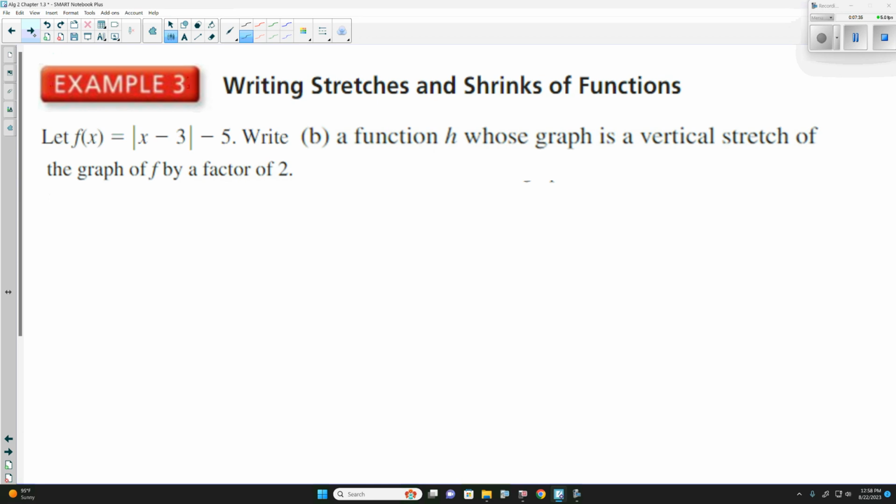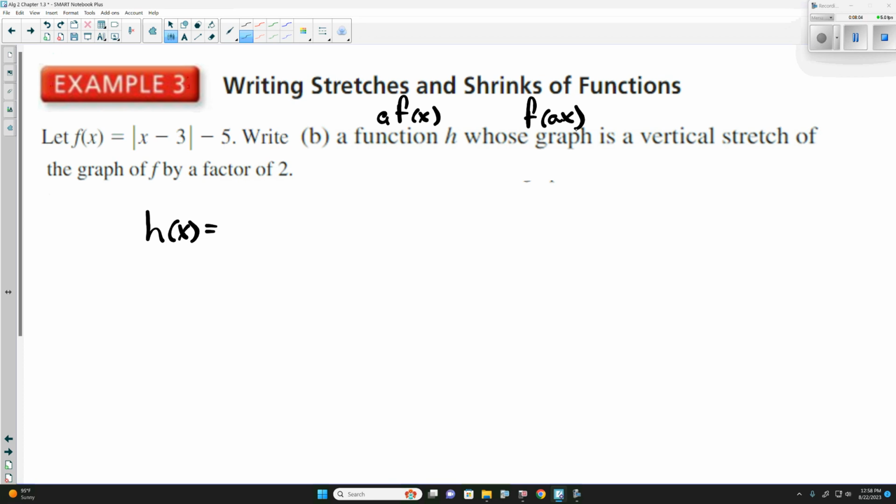Now the first one we have is this one here. Write a function h, so h of x, whose graph is a vertical stretch of the graph of f by a factor of 2. So vertical stretch and shrink. This would be either our a times f of x or f of a times x. Which one of these two would we use?